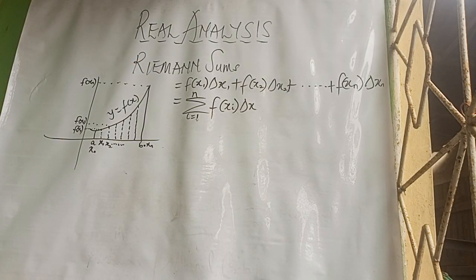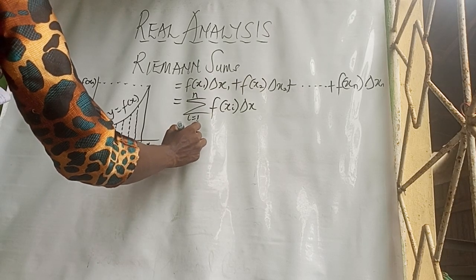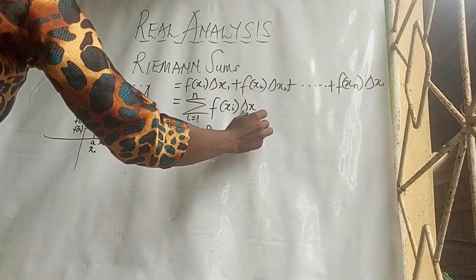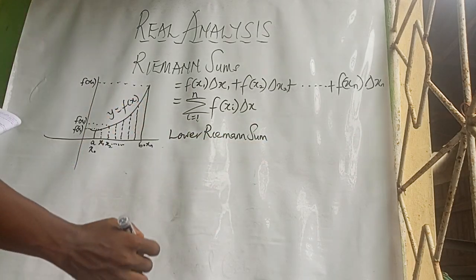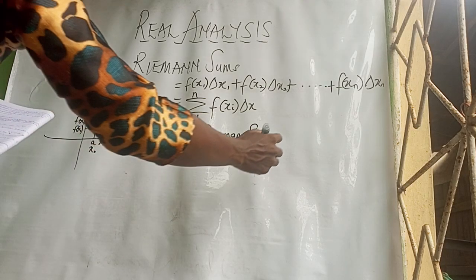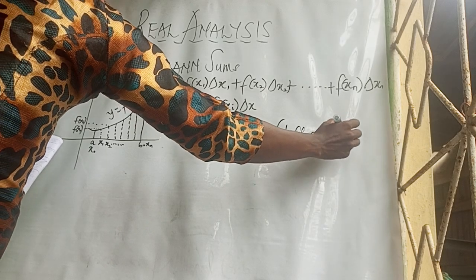We can have the lower Riemann sum, which most times makes use of the left endpoints of the interval.